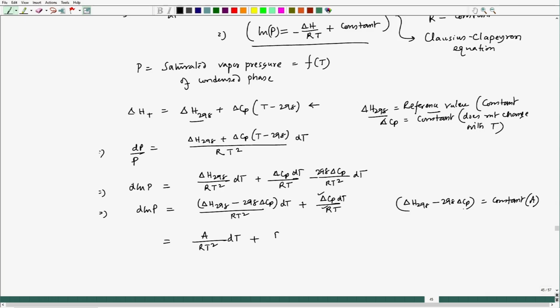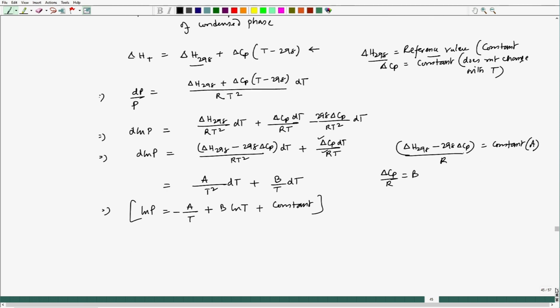I can put delta Cp by R equal to B. Then I can write ln P equals A. In fact, I think I can take R into that particular constant. So, I can write minus A by T plus B ln T plus constant. Another equation we are getting.